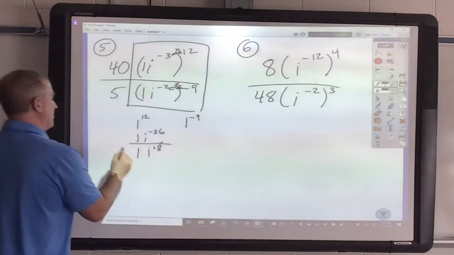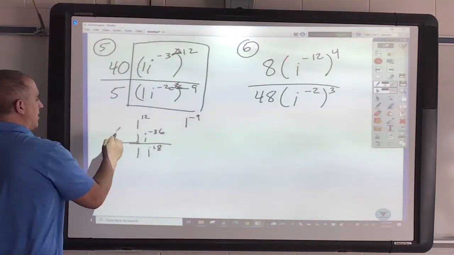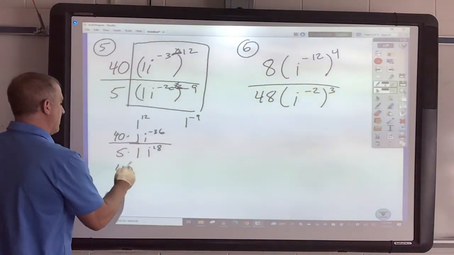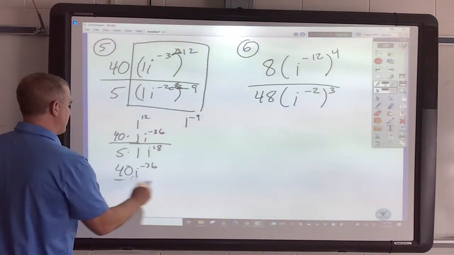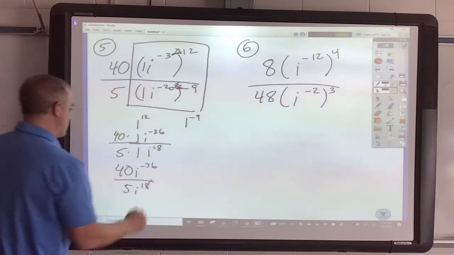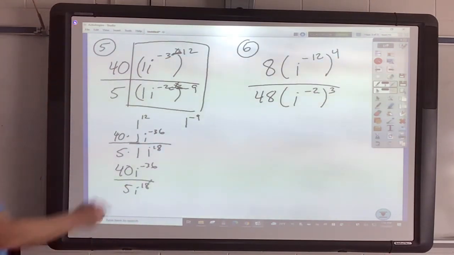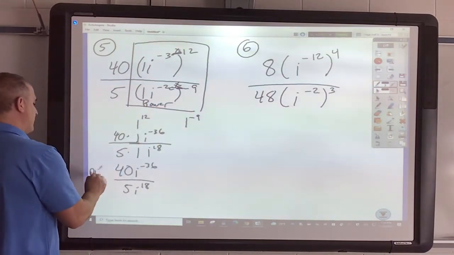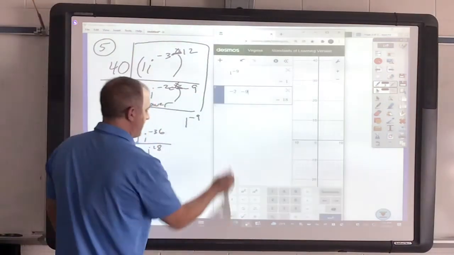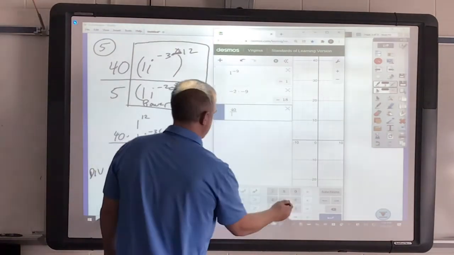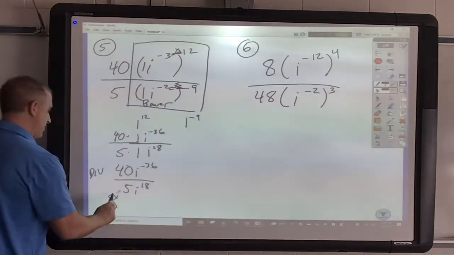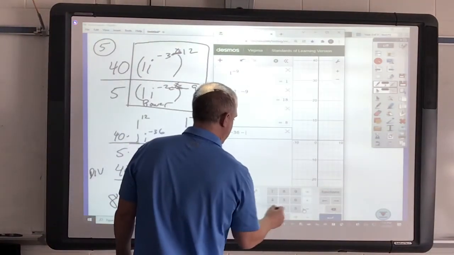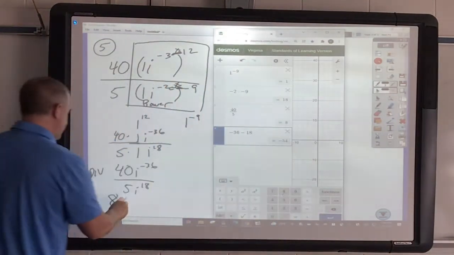As far as these 40s go, 40 times 1, 5 times 1, so that's going to be 40 i to the -36 over 5 i to the 18th. We do the power rule first, so it's the opposite of the other one. Now I do the division rule, 40 divided by 5 is 8. I subtract my exponents, -36 minus 18, is i to the -54.